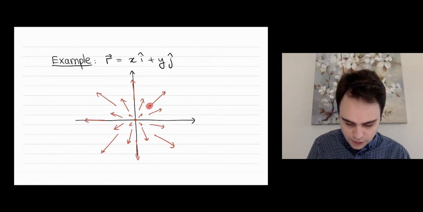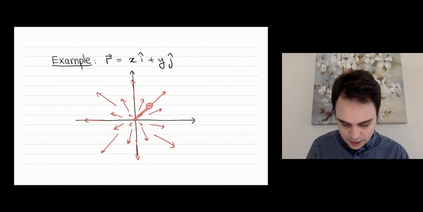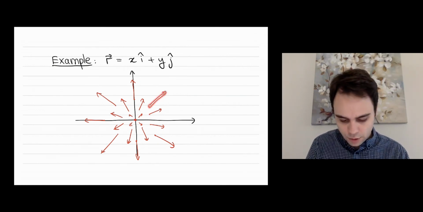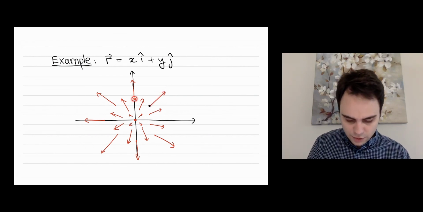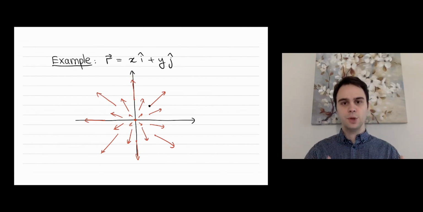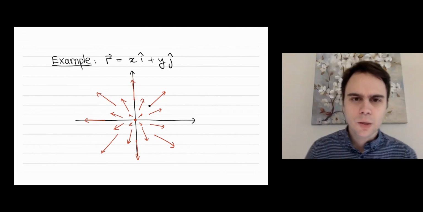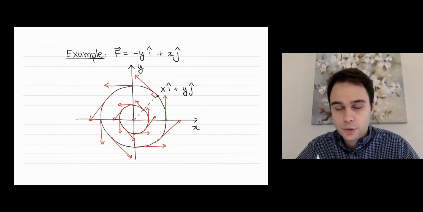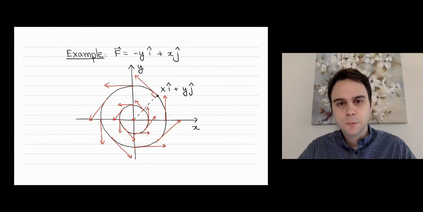I just transformed the point into an arrow, then redrew that same arrow with its tail at the point. If I do this at all points in the plane, I get something that emanates from the origin like this.